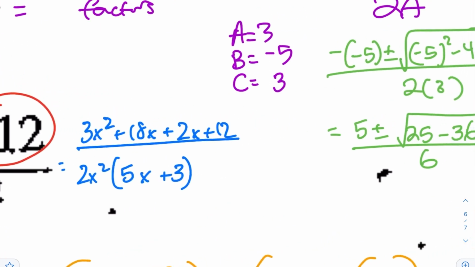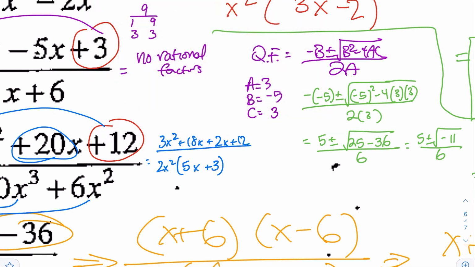Now for the numerator, you can factor this in those pairs, where you can take out 3x in the first two terms, and you could take out just a 2 in the second term. So that would be 3x times x plus 6, plus 2 times x plus 6.